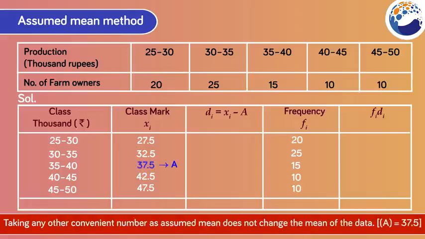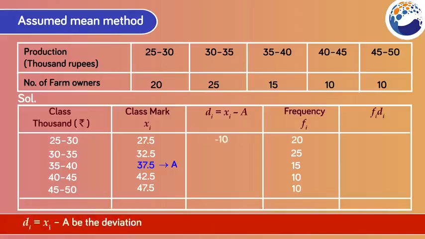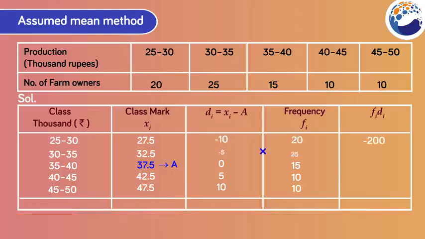Now we calculate deviation using the formula di is equal to xi minus A one by one. Next we find fi di by multiplying frequencies and deviations for each of the classes.